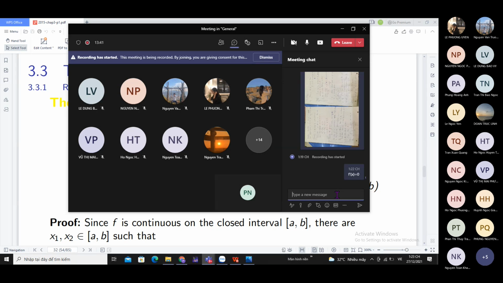So the conclusion of the Rolle theorem can be restated as: the equation f prime of x equals 0 has at least one root in the open interval (a,b).